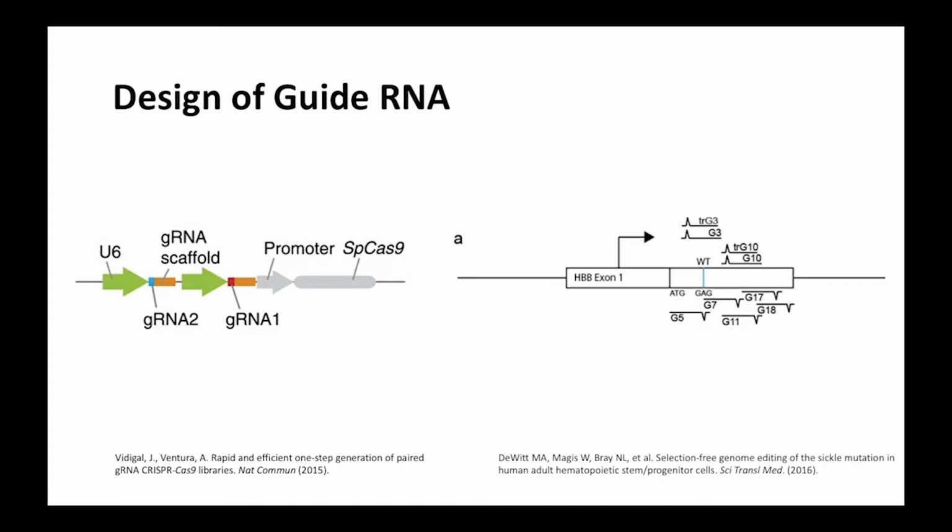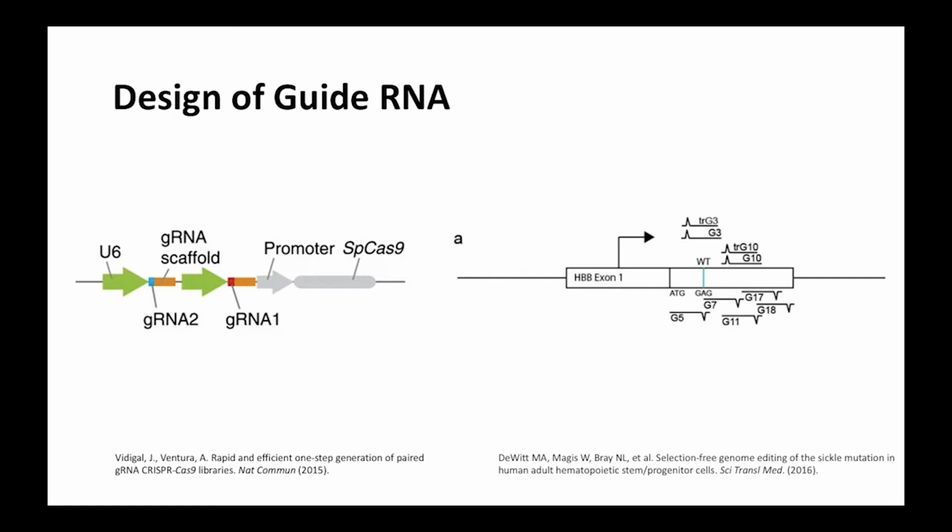Other instances can show schematics where the authors want to show where the different guide RNAs bind that they've designed. Usually, people design several different guide RNAs because one guide RNA might not give a good cutting efficiency. You might not get the results you want.